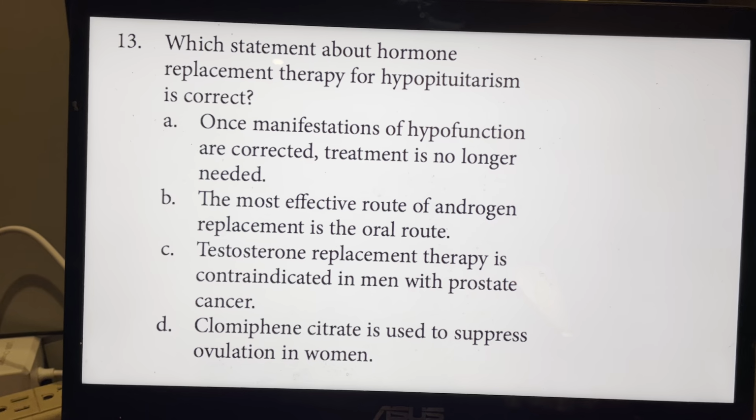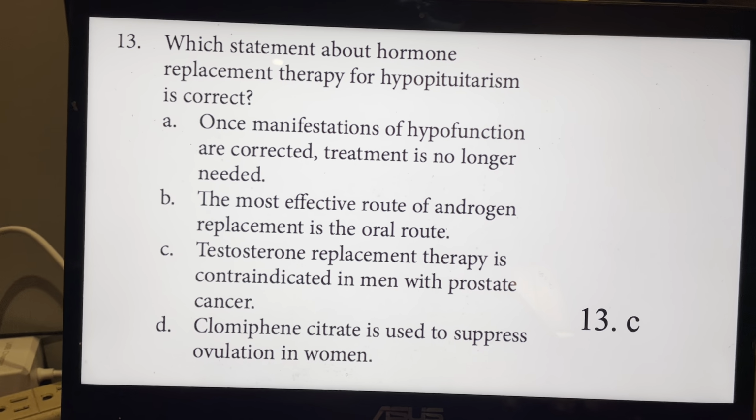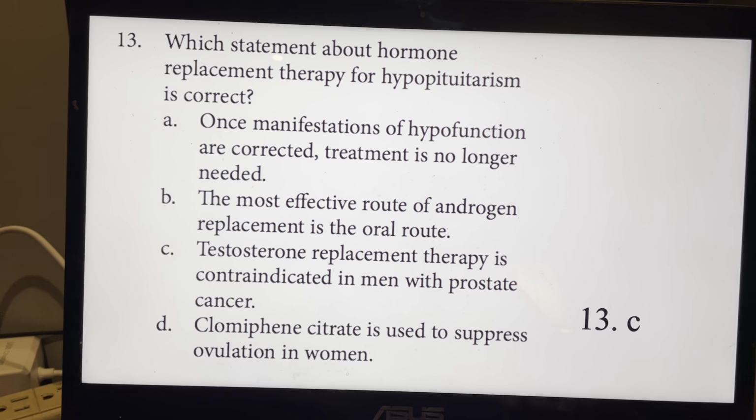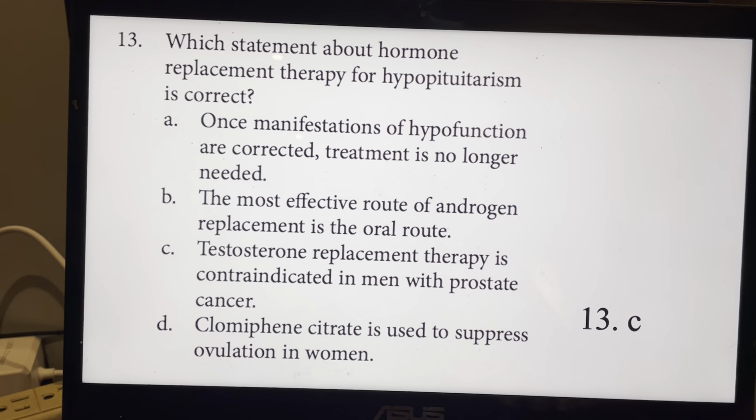Or clomiphene citrate is used to suppress ovulation in women. C. Testosterone replacement is contraindicated in men with prostate cancer because we got to help clear that up.